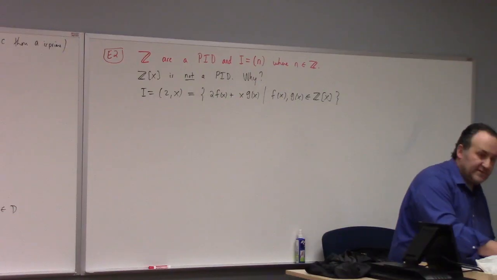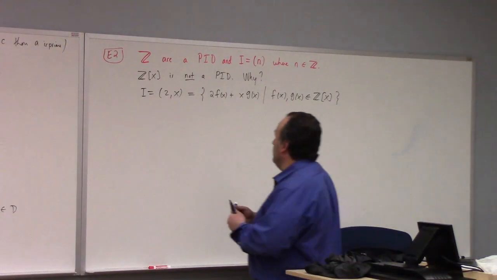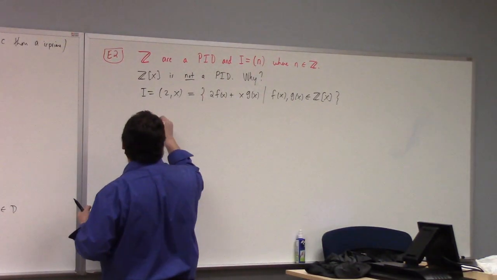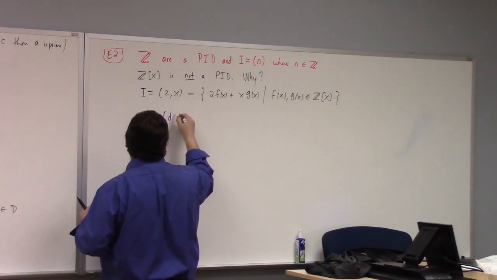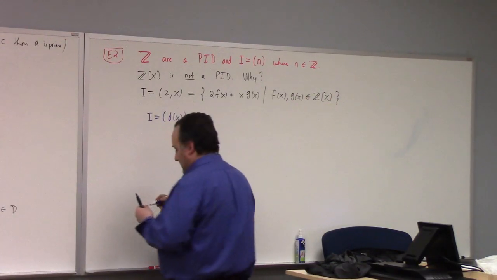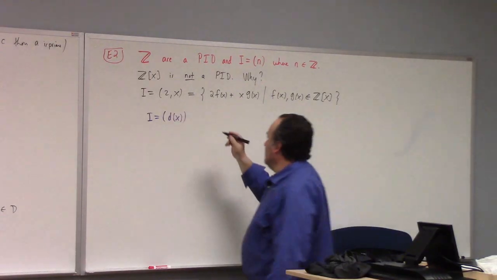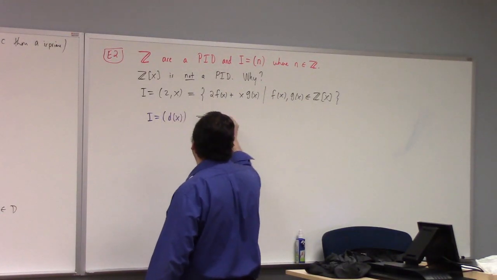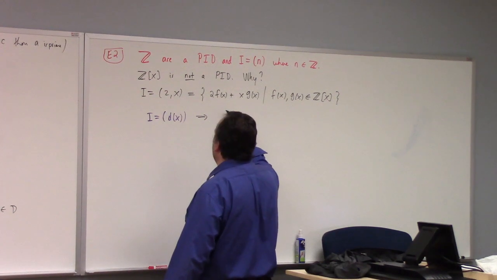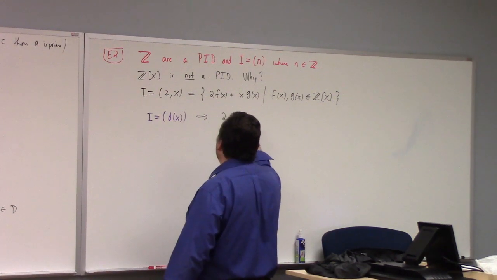So assume that I is equal to the principal ideal generated by a particular integer polynomial d of x.